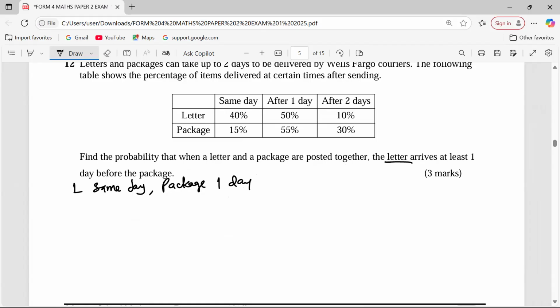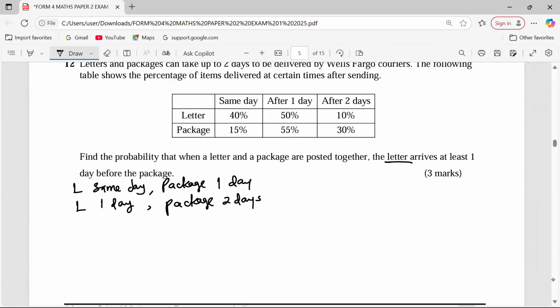Or it can be the letter arriving after 1 day, while the package takes 2 days. A letter arriving at least 1 day before the package.